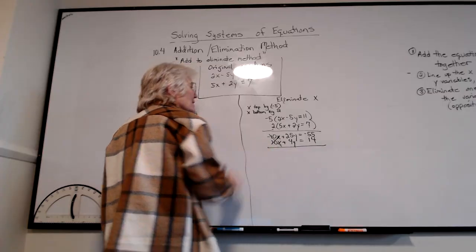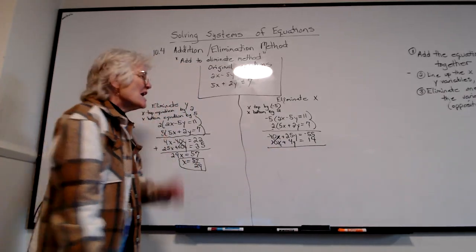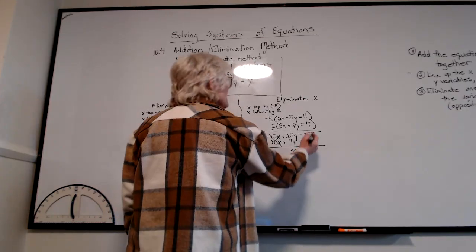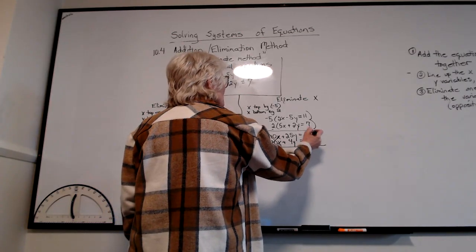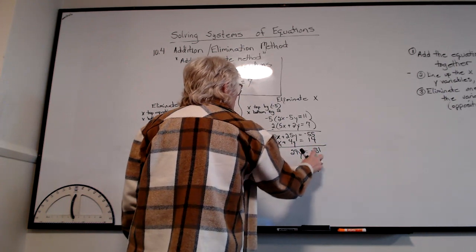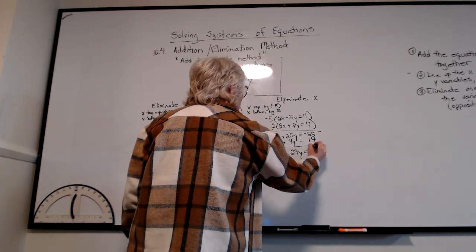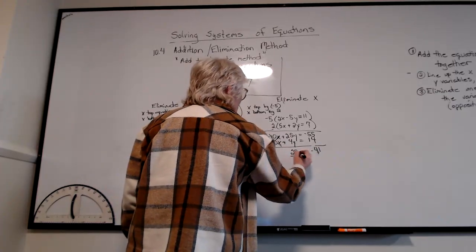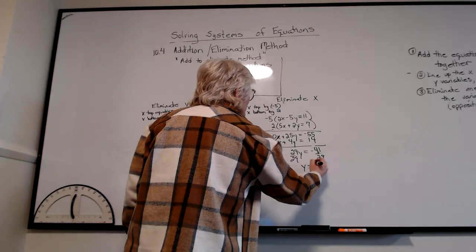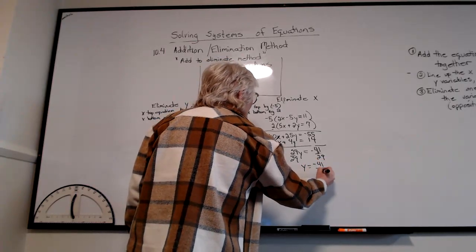My x's go bye-bye. Now I get 29y equals negative 41. y equals negative 41/29.